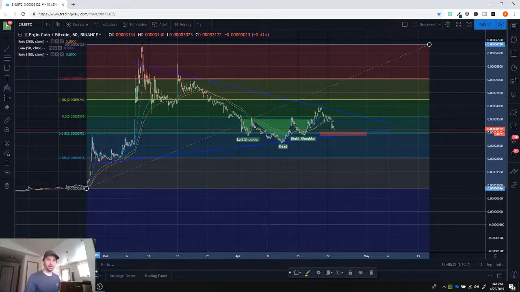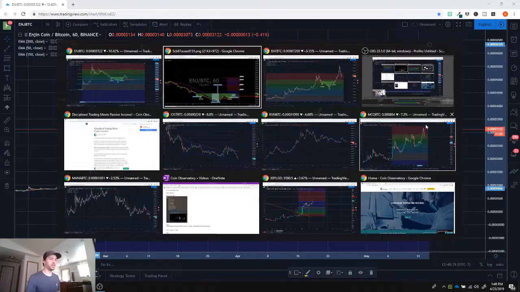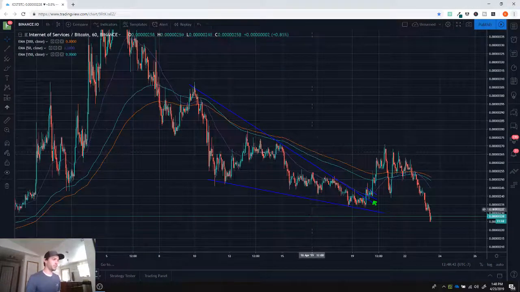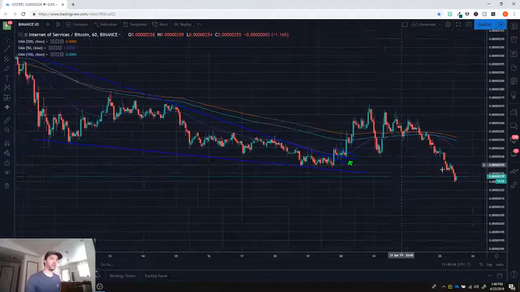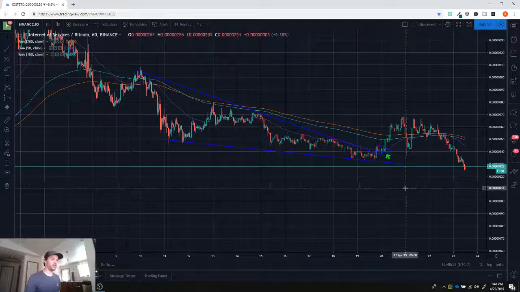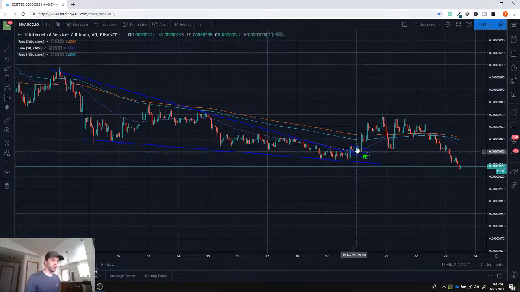The next one we want to go through, IOST, was a 7% gain overnight. We were watching this descending wedge right here. That's what queued this one up for us. It's a beautiful descending wedge. Once it broke out of this wedge, we had a nice bull flag.